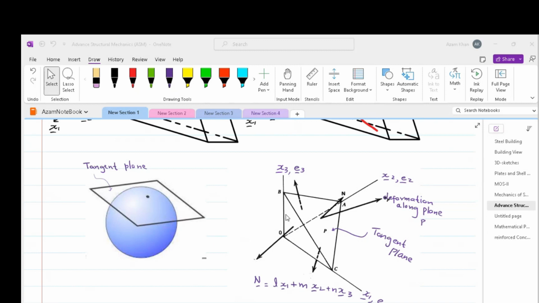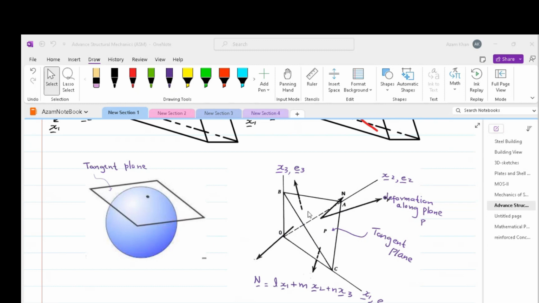Similarly, strain 2 is the resultant of all the strains in fibers on face OBC, whose outward drawn normal is in the direction x2. The same argument is applied for the face OAC.